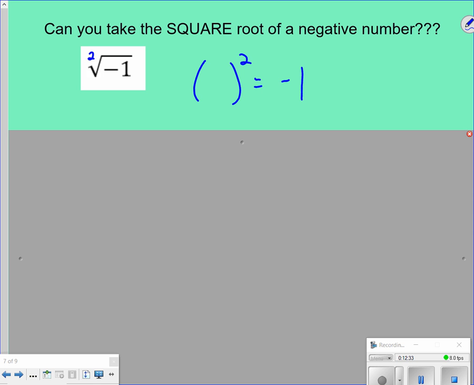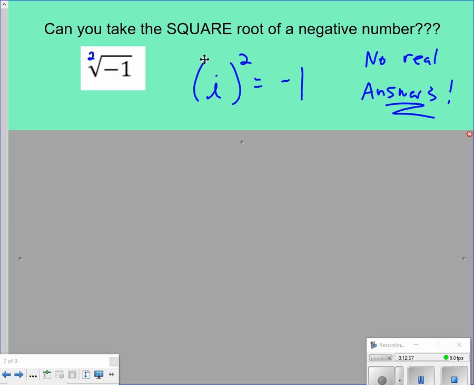And the reason why it doesn't work is because whenever you square anything, it becomes positive. So there are no real answers to this. Okay? It doesn't work. Now, you might remember, though, something we did put in here is i. It's an imaginary number, not a real solution, though. So you can't do that.